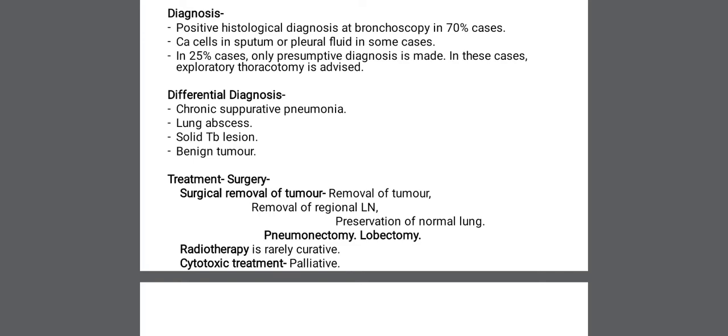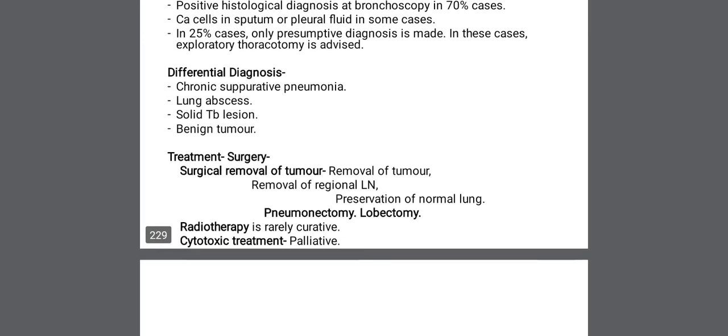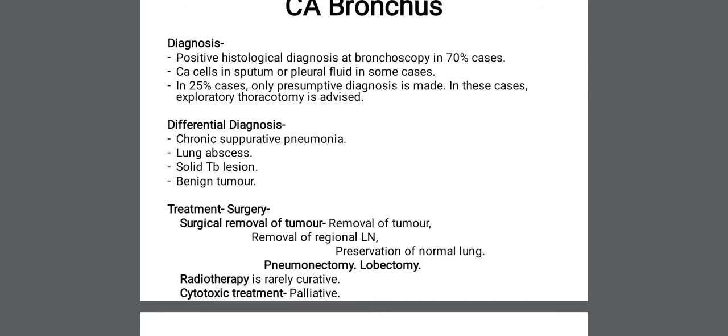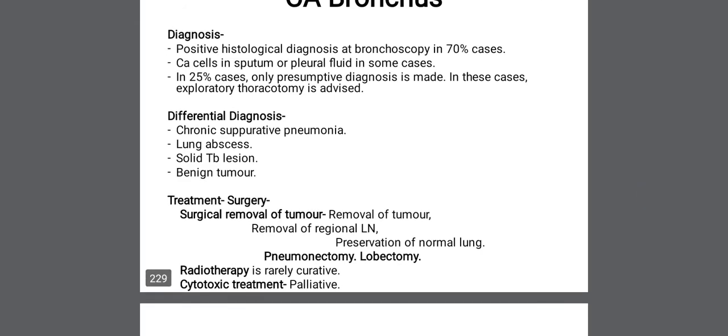So treatment, once again I will repeat, includes surgical removal of tumor. There is another treatment available, that is radiotherapy. Radiotherapy is only very rarely curative and it is cytotoxic treatment. That's why it is palliative only, not curative.